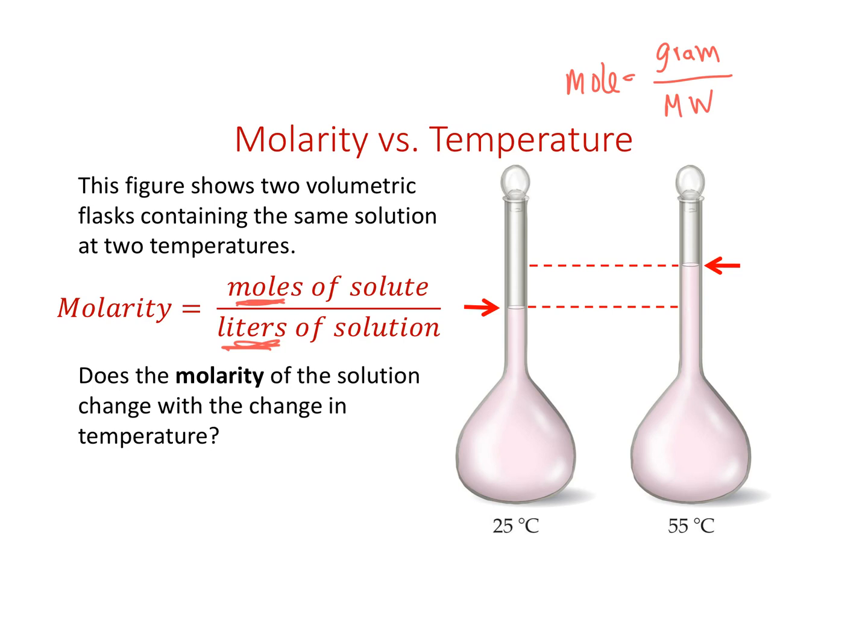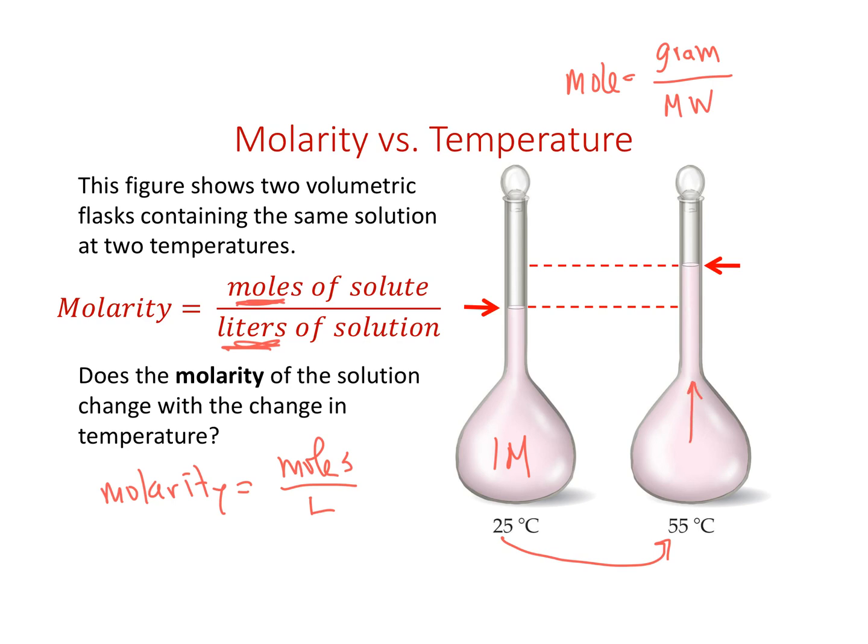And so taking a look at these two volumetric flasks, if I have the volumetric flask, and let's say this is 1 molar, and then I heat that solution up from 25 degrees to 55 degrees, as we know, when I heat something up, the volume expands. The volume's going to increase. And so if I calculate molarity as moles per liter, and my volume changes, my volume increases.